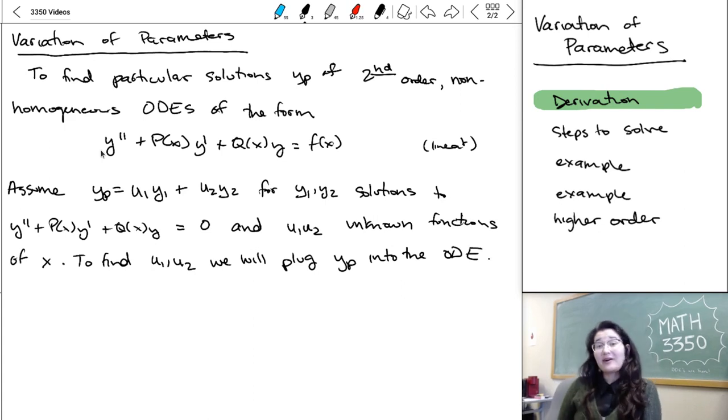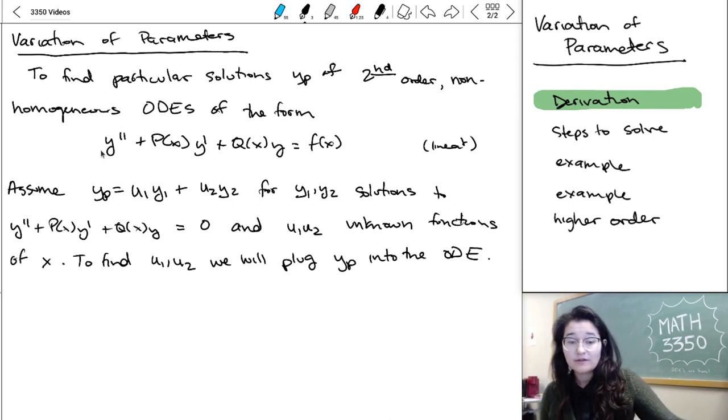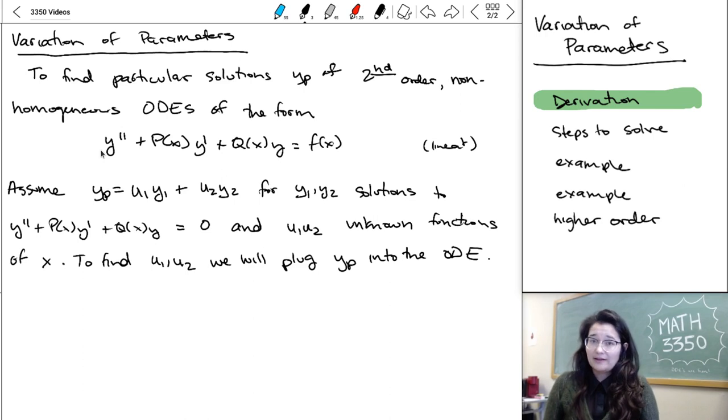And as is often the case with an assumed solution, to find how you can calculate that u1, u2, we're going to start by plugging that assumed y sub p into our differential equation. So we're going to start the derivation.